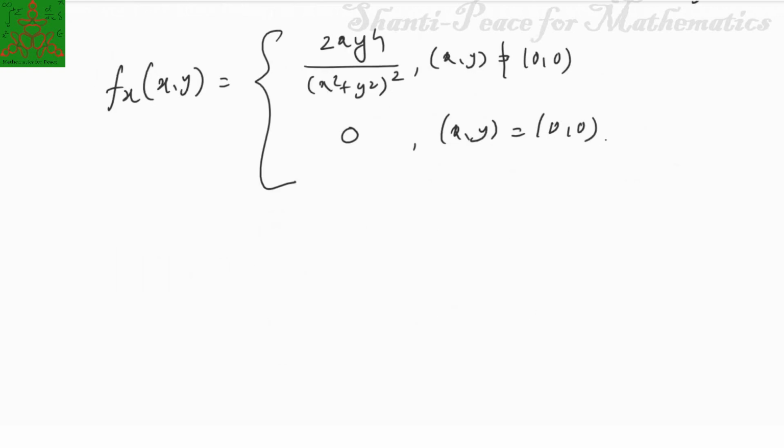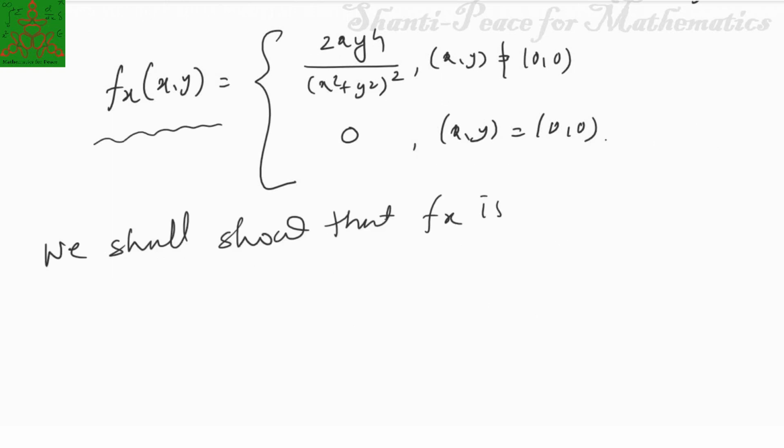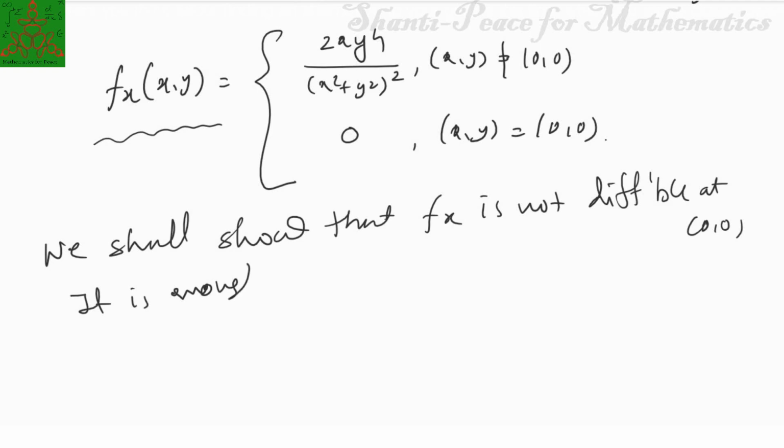Now we have to show that this function is not differentiable. So we will show that f_x is not differentiable at (0, 0). So just recall the necessary and sufficient condition for differentiability.